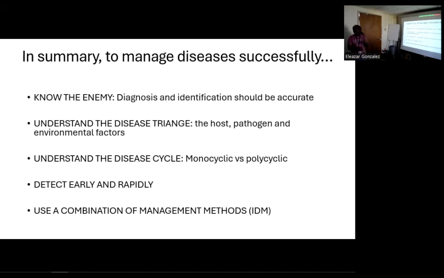If you wait too late, that will make a difference with regards to the losses incurred later. And use a combination of methods. We call it integrated disease management. So you don't rely on just one, because in the case of chemicals, for example, that could lead to resistant populations or non-effectiveness of certain methods. So use a combination.